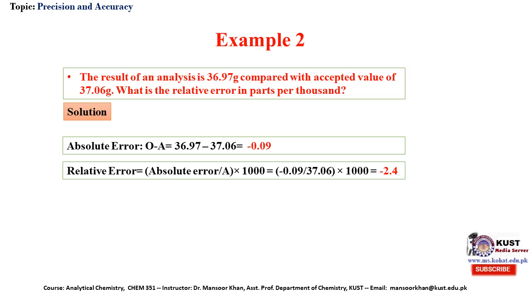The relative error is equal to the absolute error divided by accepted value multiplied by 1000, as we want to determine the relative error in parts per 1000. Therefore, putting in the values, we obtained a relative error of minus 2.4.